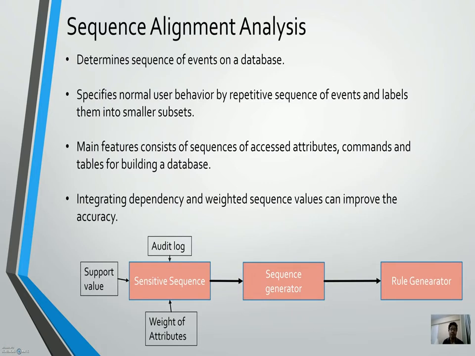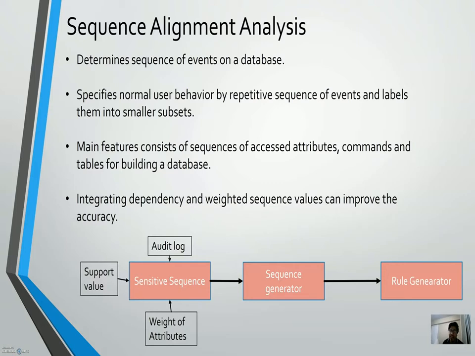Our next approach is sequence alignment analysis. In this approach, a sequence of events is determined, and different classes are declared based on normal user behavior. The main features of this IDS consist of sequences of accessed attributes, commands, and tables.